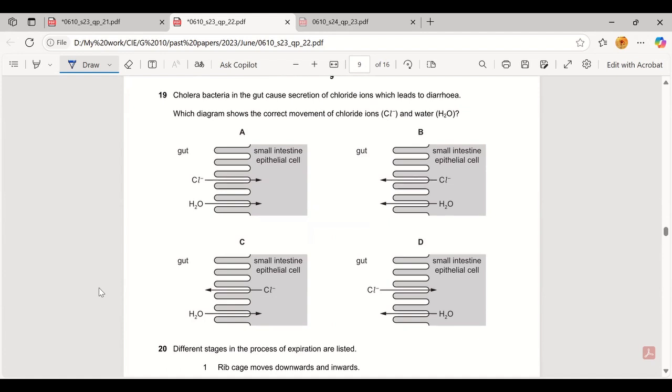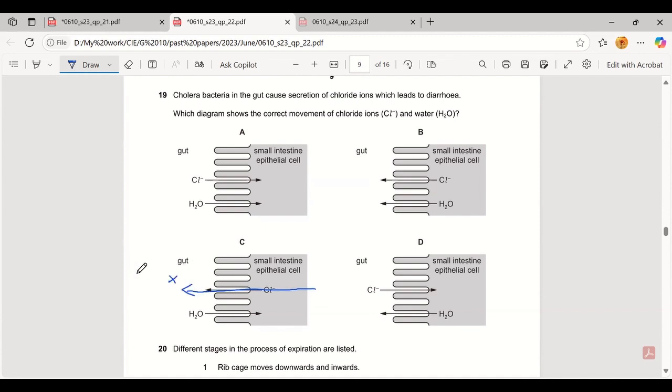C. Number C. You said C. Yes. طيب هو الكلورايد ions, where do they come from? From the blood, okay, to enter the lumen.